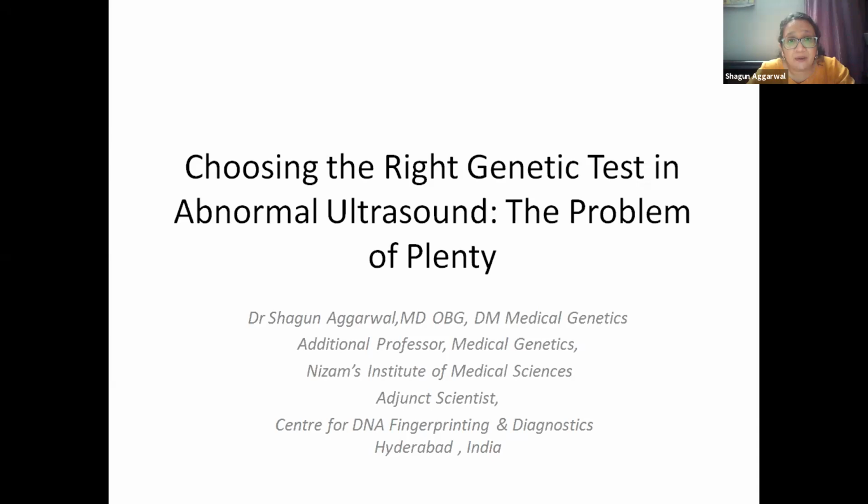This ability should simplify things for us, and we were hoping it would clear up many gray areas, but that's not always the case. Often we are baffled by the array of tests available, and we don't really know which test to offer in a particular situation.